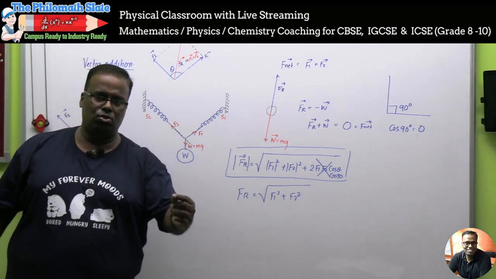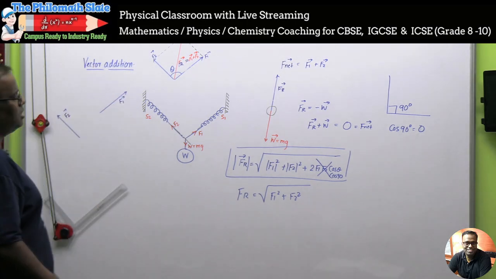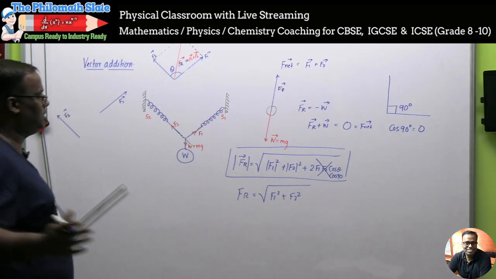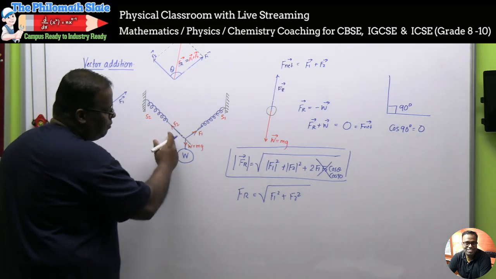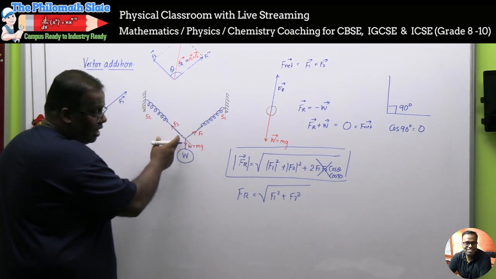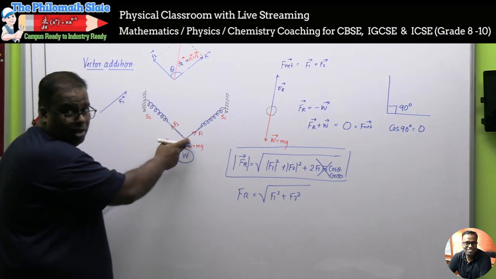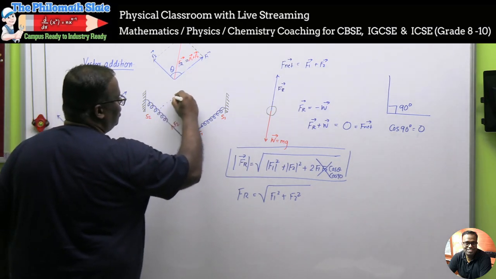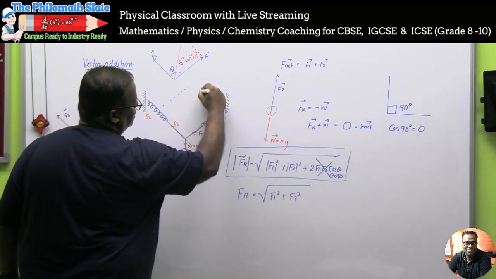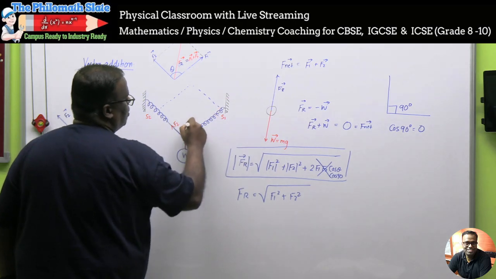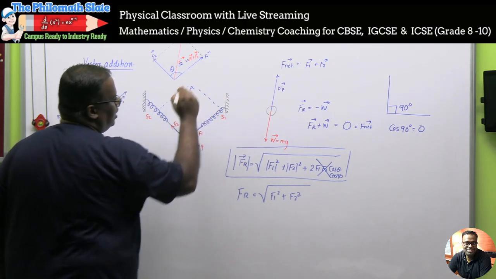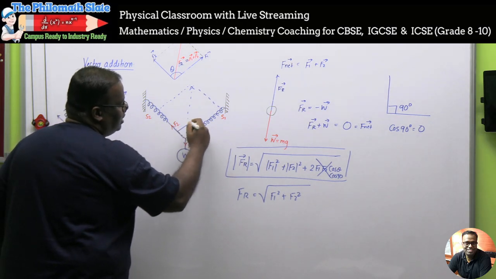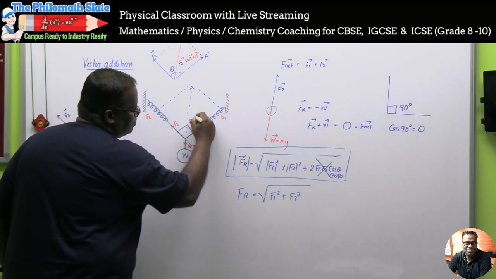लास्ट 1 मिनट लेके छोड़ रहा हूं बच्चा, जस्ट 1 मिनट. दैट मीन्स आपको जो प्रॉब्लम आएगा ना, look at me once, just look at me children. Are they forming the two sides of a, are they forming the two adjacent sides of a parallelogram? Yes. We could have made our imaginary parallelogram here also. यहां भी बना सकते थे और यहां से आपको आपका रिजल्टेंट मिल जाता था, है ना. मैं जो कह रहा हूं, this angle in grade 9 to you will always be given as 90 degree.